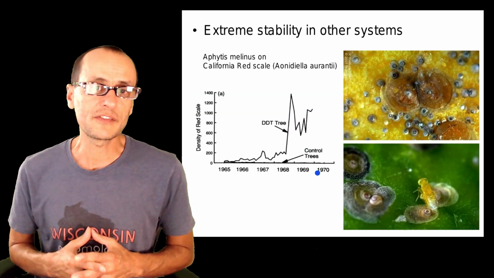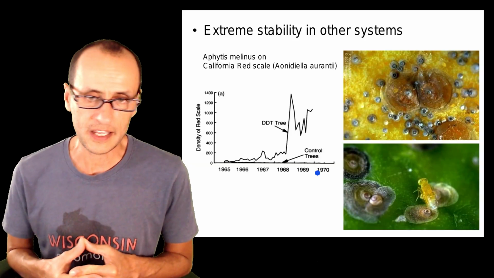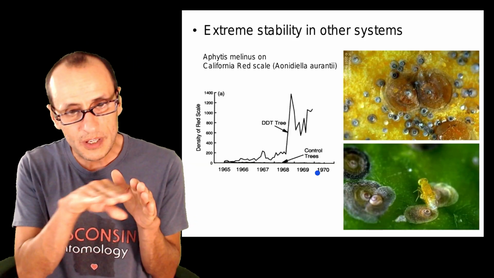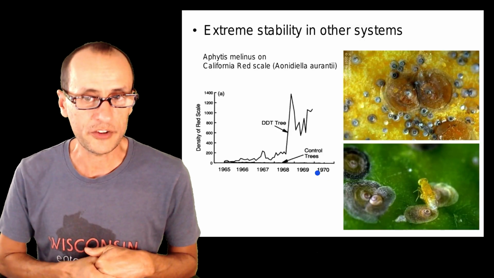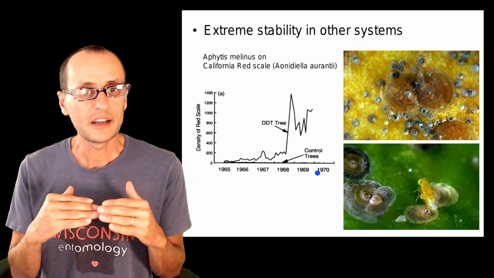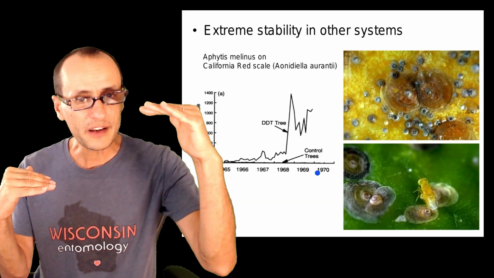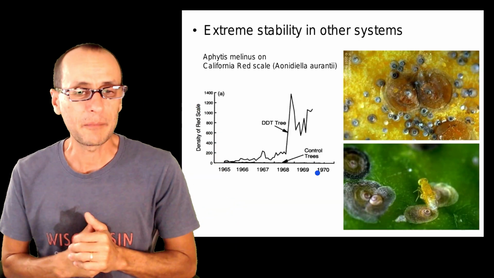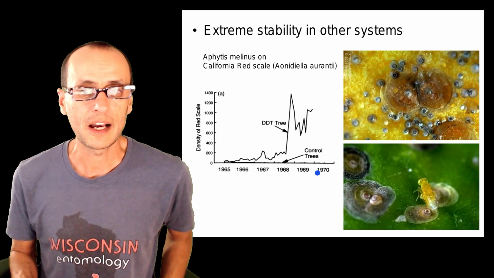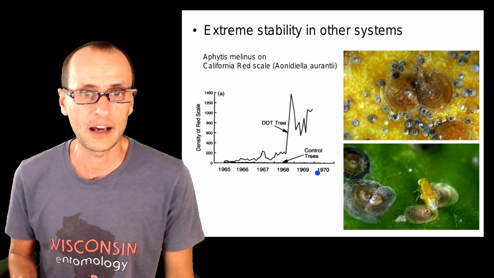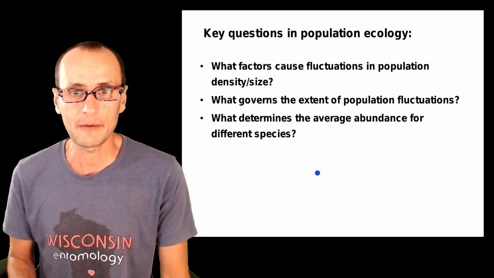So these are the kinds of examples that people would look at and say, why is it that you have extreme stability in some cases and extreme fluctuations in other cases? Is it because there are these two different equilibria that are maintained by predators, or is there something else going on? Is this equilibrium paradigm really what we need to be thinking about?